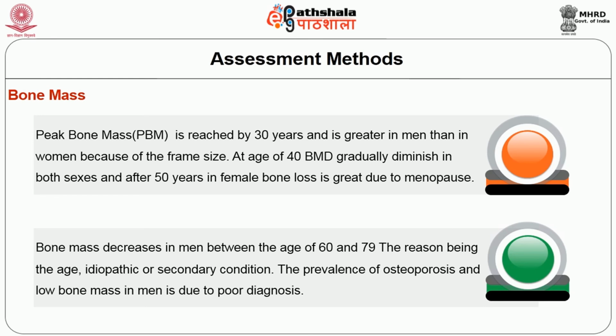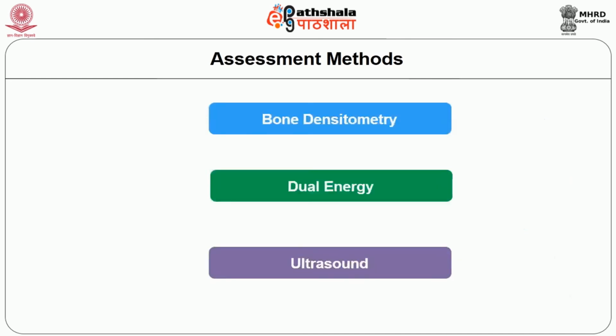The prevalence of osteoporosis and low bone mass in men is also due to poor diagnosis. Apart from bone mass, there is also equipment to measure bone density using bone densitometry, abbreviated as DEXA, that is dual energy X-ray absorptiometry, and ultrasound measurements of bone.